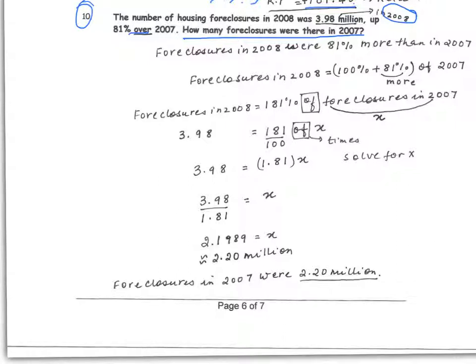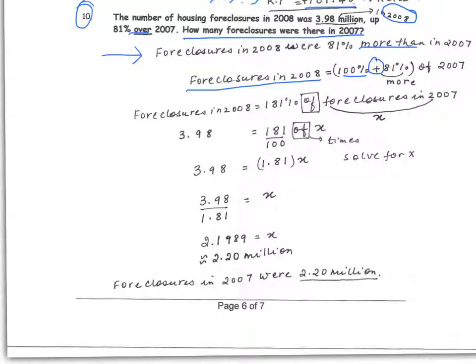So we're just repeating the same statement, foreclosures in 2008 were 81% more than in 2007. So foreclosures in 2008 were 100%, which is the foreclosures in 2007, plus 81% because it says it's 81% more than.